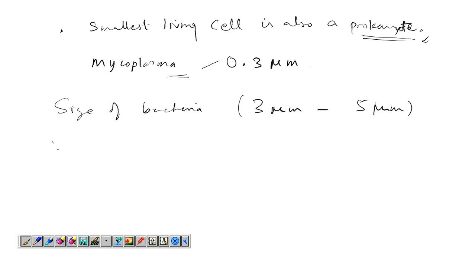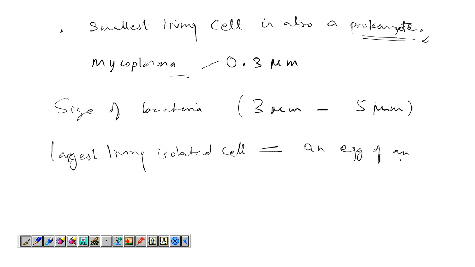And the largest living isolated cell is the cell of an ostrich, or sorry, the egg of an ostrich. So this egg of an ostrich bird is the largest living isolated cell.